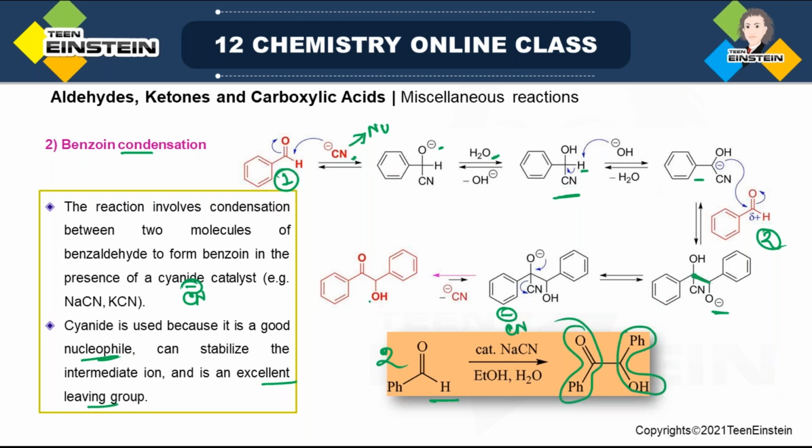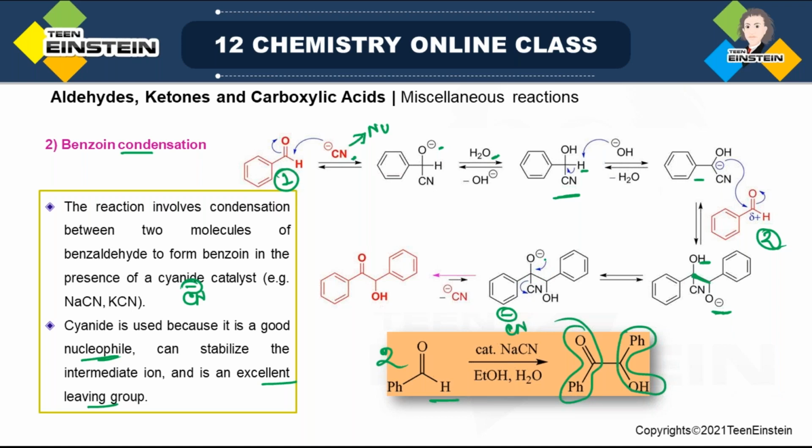Fine. So here, as it is attacking and there is O minus, this H is changing its position, it is going to this one. Fine, that is, within the molecule there is exchange of proton, and finally there will be O minus.